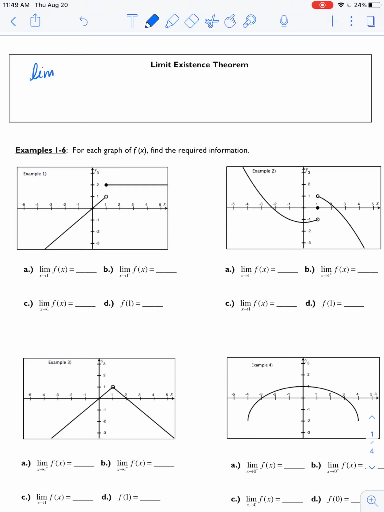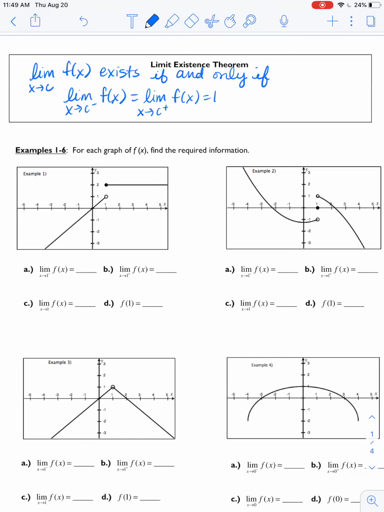So limit as x approaches c of f of x, this is the general limit, exists if and only if the limit as x approaches c from the left of f of x is equal to the limit as x approaches c from the right of f of x is equal to L, where L is a real number.